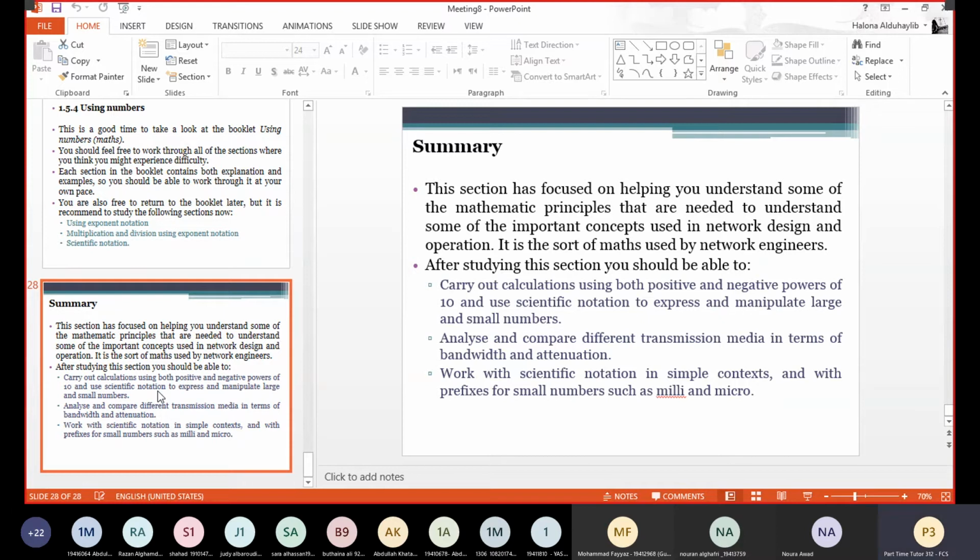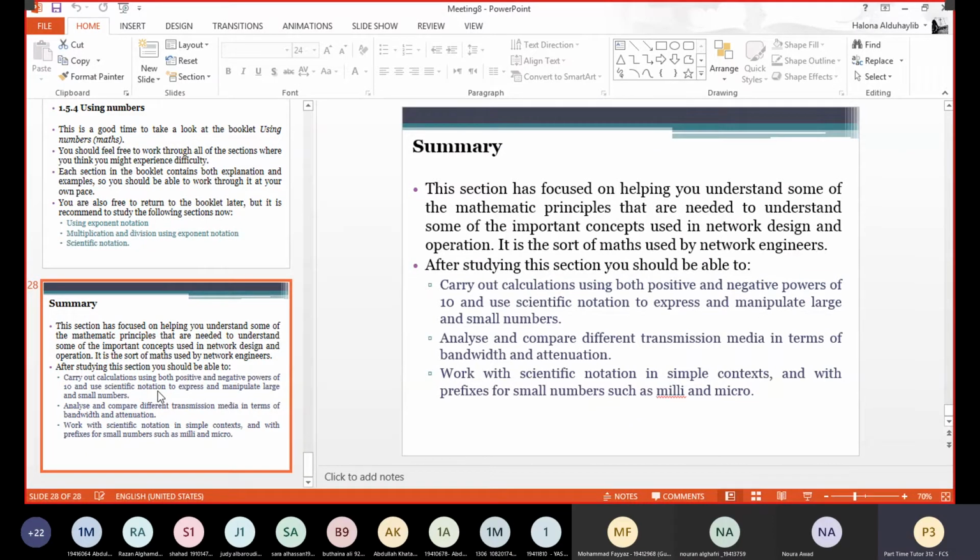By the end, this section has focused on helping you understand some of the mathematical principles that are needed to understand some concepts of network design and operation, especially broadband and data transmission, which is represented by gigabytes and megabytes.